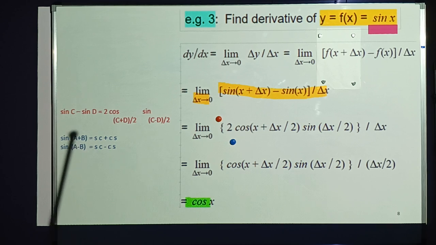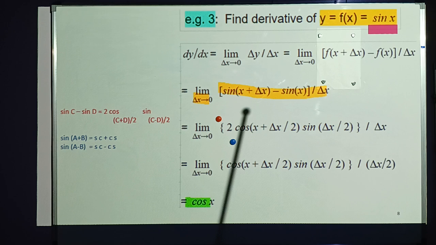So a plus b is put as c, and a minus b is d. If you subtract these two, the first term will vanish and the second term will get added up. It will be 2 cos sin. That's what is here. This is a basic trigonometric identity we should remember.